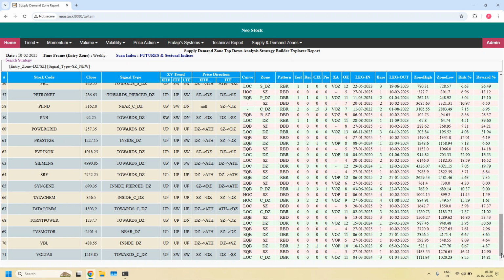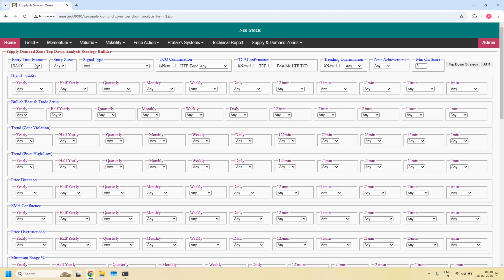That means these 71 stocks are having newly created weekly supply zones. So this is about the weekly time frame. Next time frame, there is one more report, two more reports I have to generate in weekly.